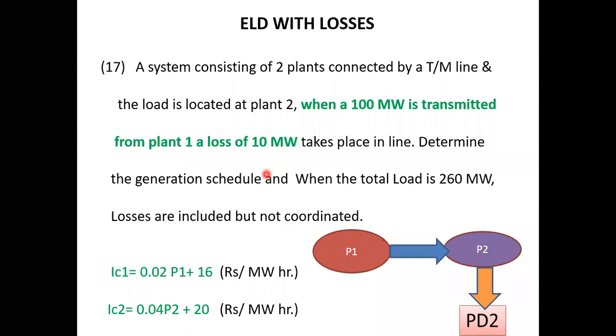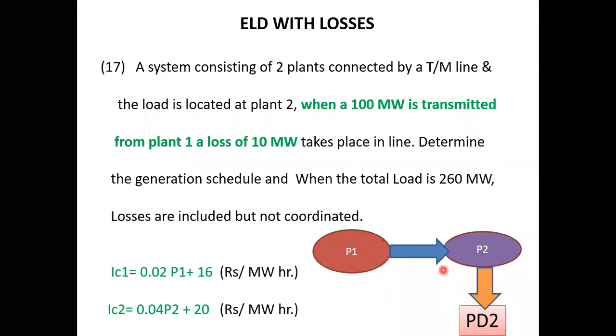Along with this data, they have given the incremental costs for plant 1 and plant 2, given by IC1 and IC2. This diagram shows the diagrammatical representation of the given problem. Totally we have 2 plants, P1 and P2. The load is connected very near to power plant 2.